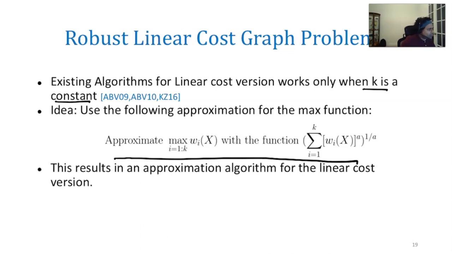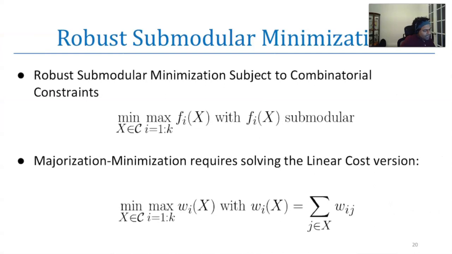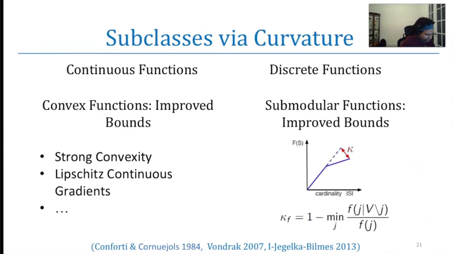This can provide an approximation algorithm for the linear cost version. Then we can similarly extend this to the robust version, where we have a problem like this, which is the min-max problem over the f_i's. We replace these with sequential linear upper bounds, the w_i's, and then solve this linear cost version using the suggested algorithm.